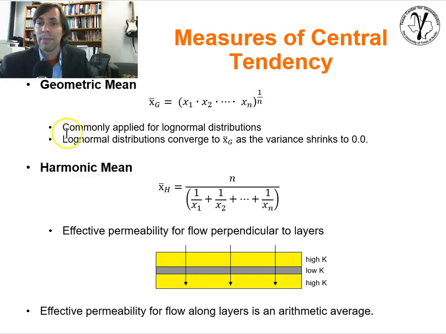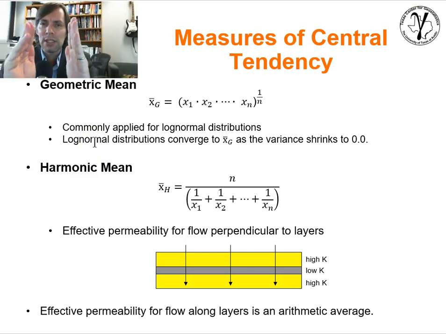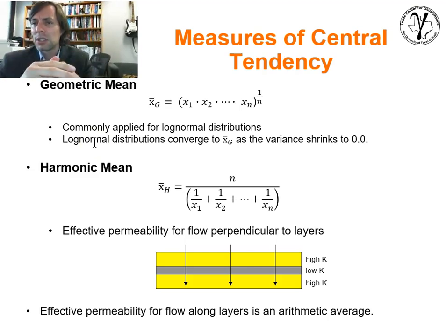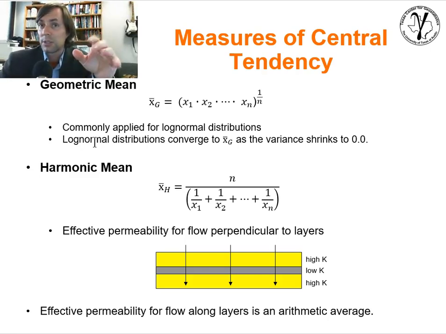That's the geometric mean. Commonly applied or seen as a good central measure within the log normal distribution, I should say. In fact, it's very useful because as the log normal distribution shrinks its variance down, it converges to the geometric mean. Now we're going to talk about variance and dispersion shortly, but we'll just give that comment right now and let that sit.